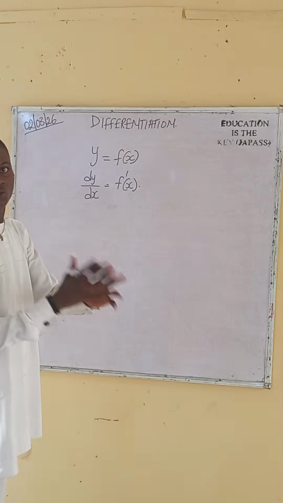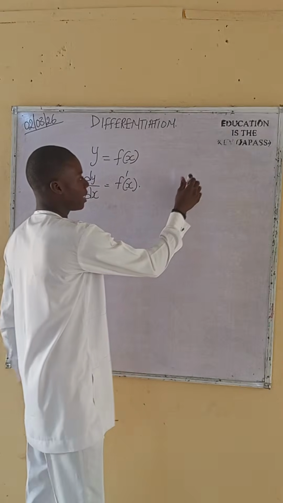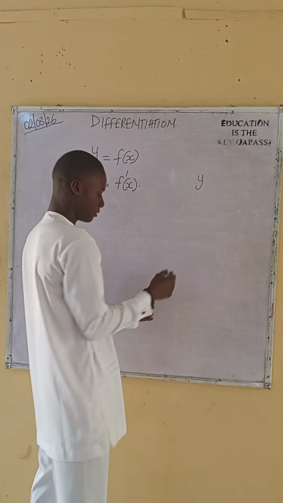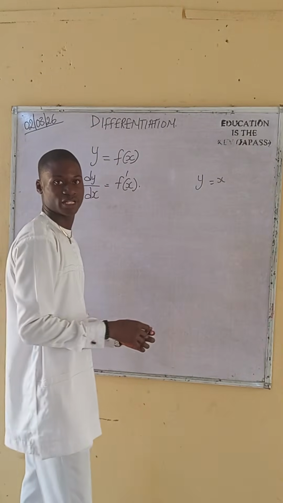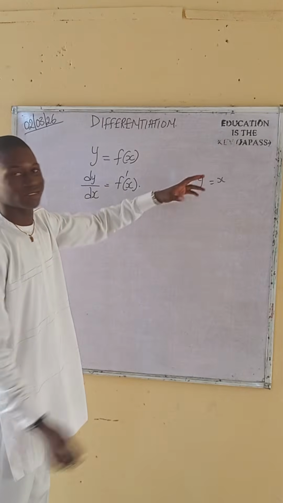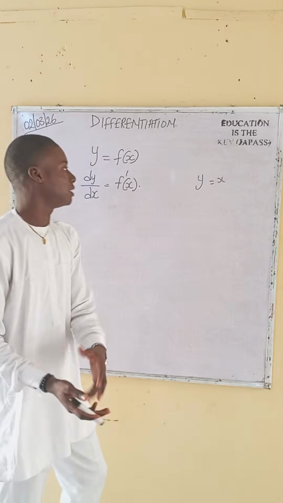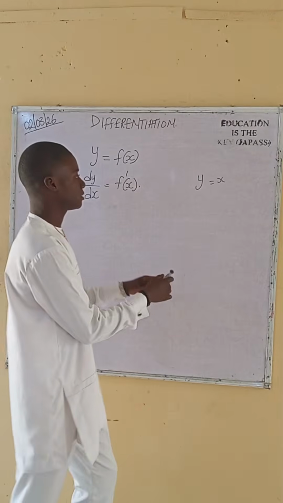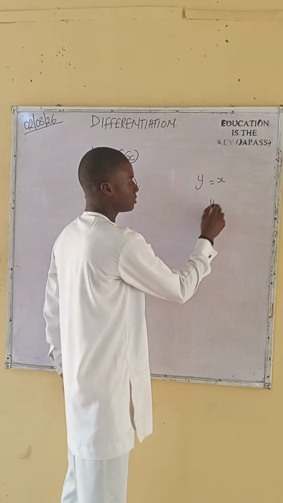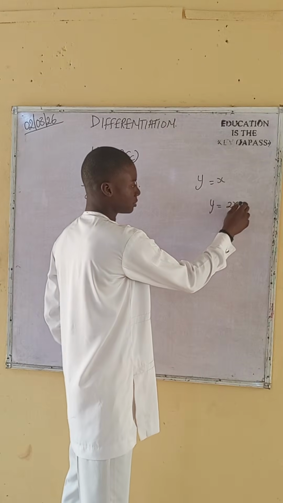We have to do with two different variables: the y, which is the dependent variable, and the x, which is the independent variable. Many people will be wondering what a dependent variable and an independent variable are. Let's assume we have a case where y is equal to 2x.